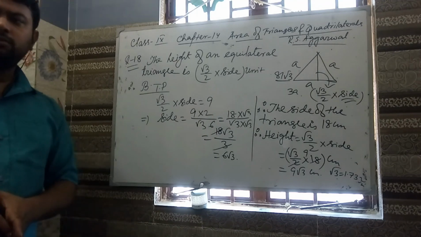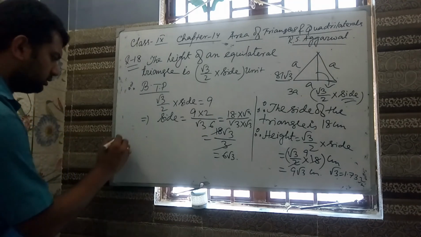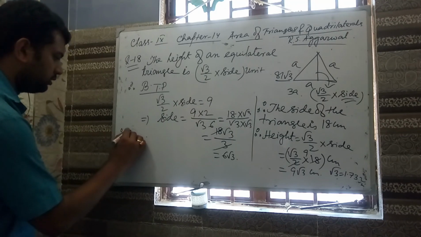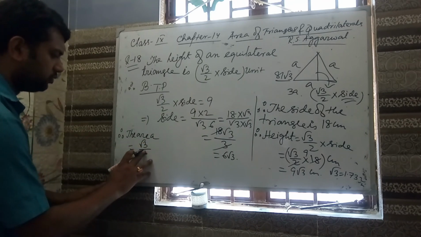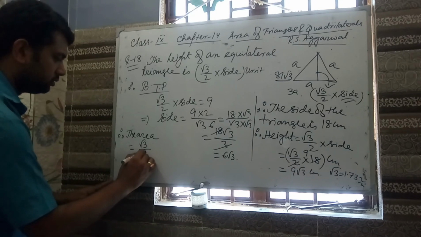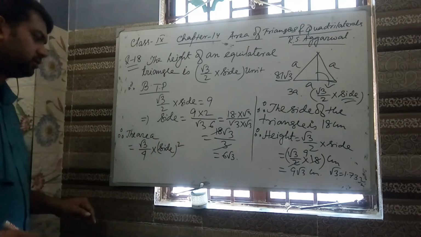What you have to find out? You have to find out the area. So write down, therefore the area is root 3 by 4 into side square.